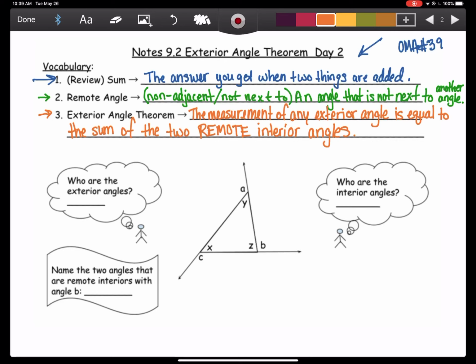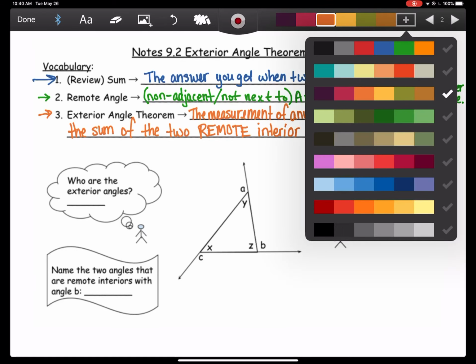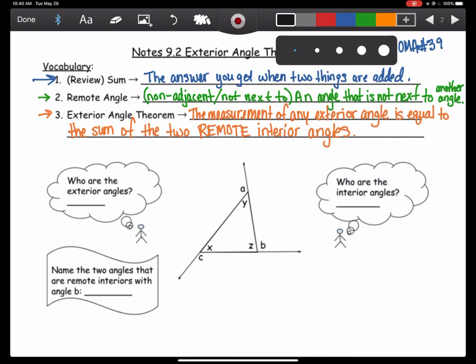And we're going to move on to the bottom. Well, it's the middle, really. The middle of the notes. So my first little guy here is wondering, who are the exterior angles? Well, exterior means outside.